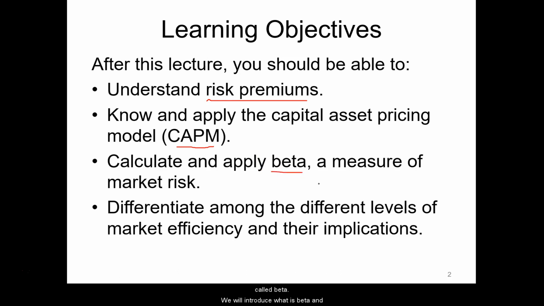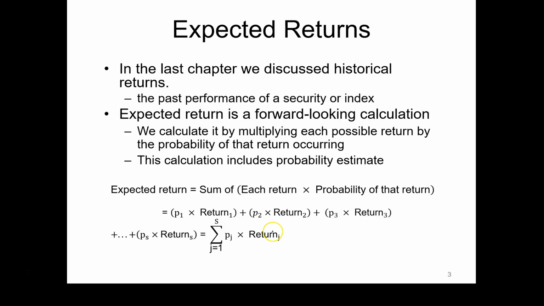We'll introduce what beta is and how beta is used to measure the risk. At the end of this chapter, we'll talk about the concept of market efficiency and what different levels of market efficiency mean. We'll start with the concept of expected returns.